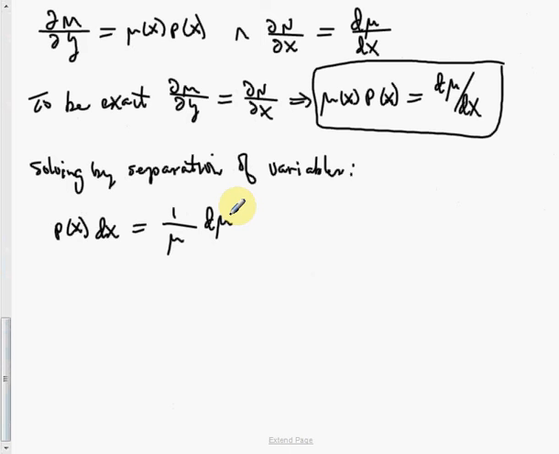Variables are separated. I integrate with respect to the differential. So here I integrate P of x dx, that's equal to the integral of 1 over mu d mu.